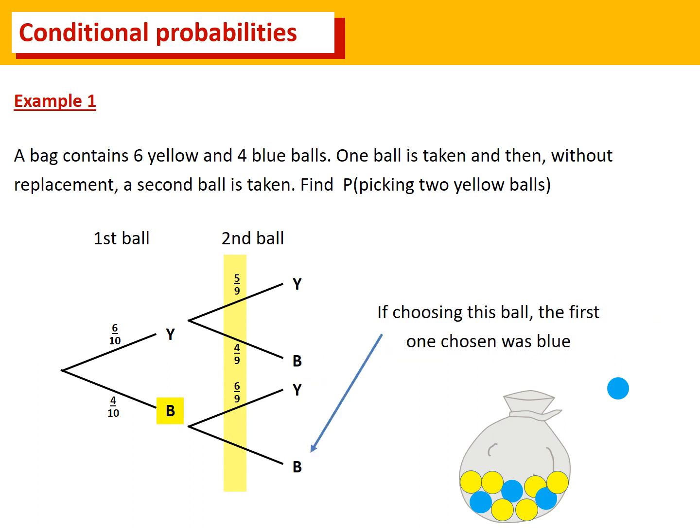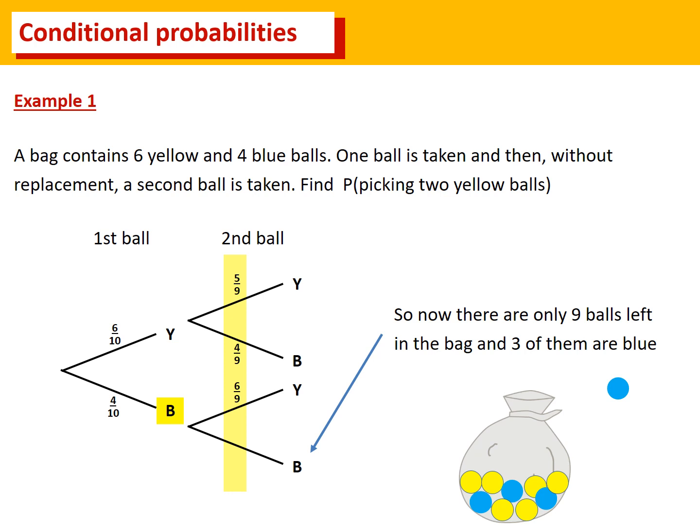Finally, on this slide, the probability of obtaining a blue ball after we've picked a blue ball first, remember we look over here, the blue ball is the one we've picked out of the bag. Now there are only 3 blue balls left. There are 9 altogether. So that's 3 out of 9. I hope we can see now that these second lot of probabilities change depending on whether we've picked a yellow ball first or a blue ball first.